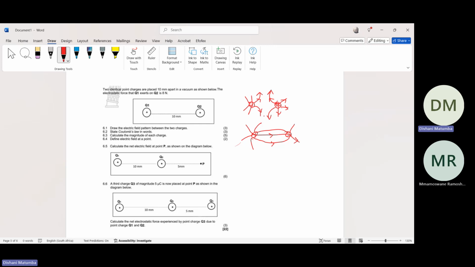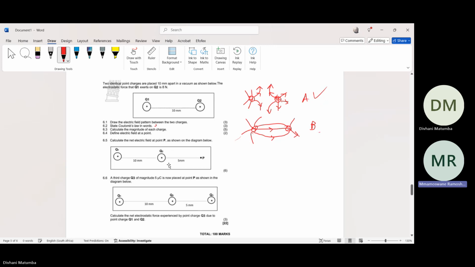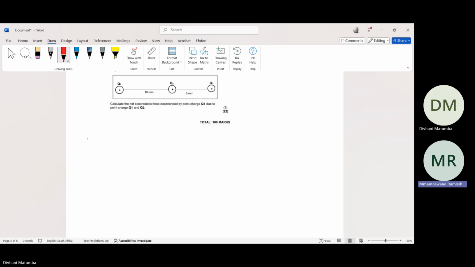Which one is correct? A or B? A is correct. Okay. State Coulomb's law in words. The magnitude of the electrostatic force exerted by two point charges on each other is directly proportional to the product of the magnitudes of the charges and inversely proportional to the square of their distance.